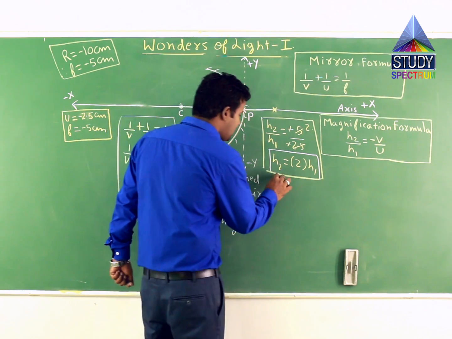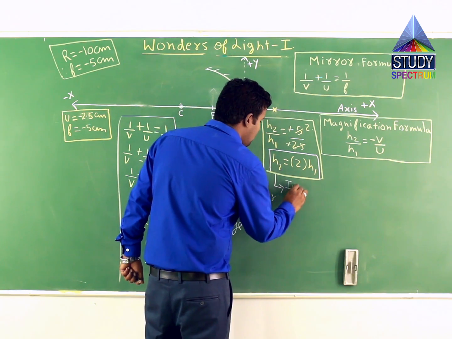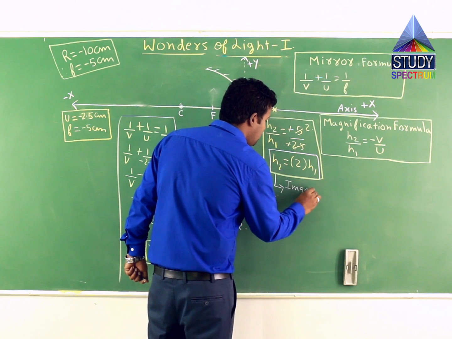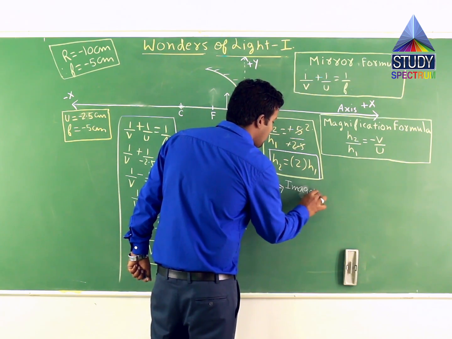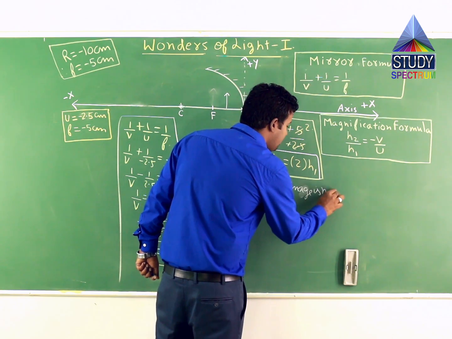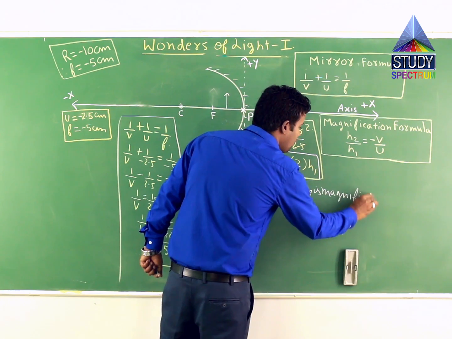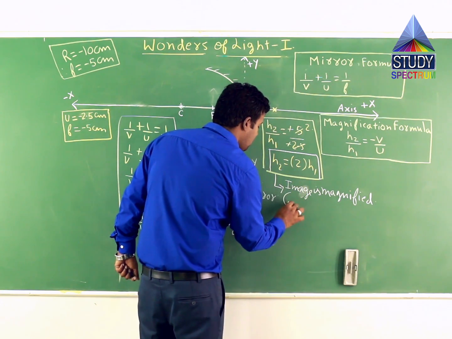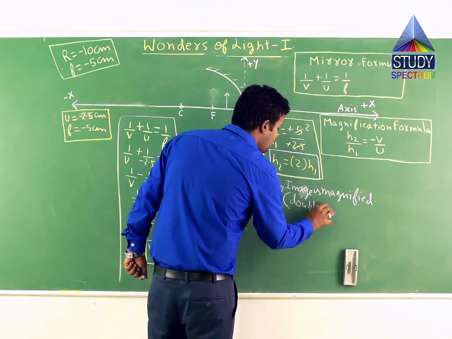So first result we can write is image is magnified or double of object.